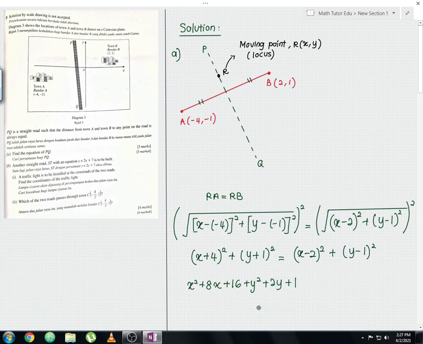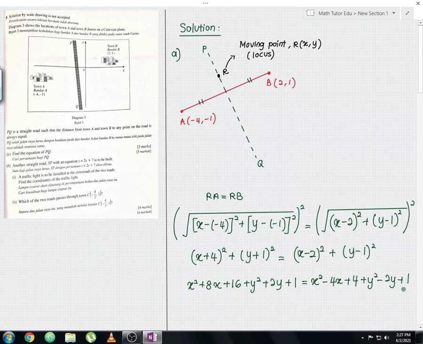Okay, this is for the left hand side. As for the right hand side, (x minus 2) square, you should get x square minus 4x plus 4.